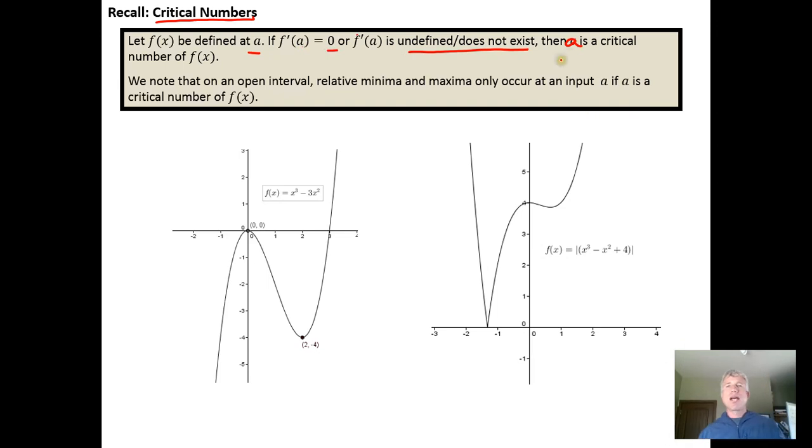And the key was that our relative or local minima and maxima only occur at critical numbers.